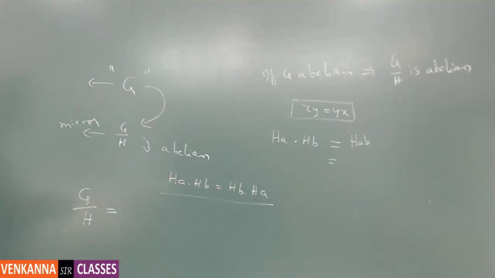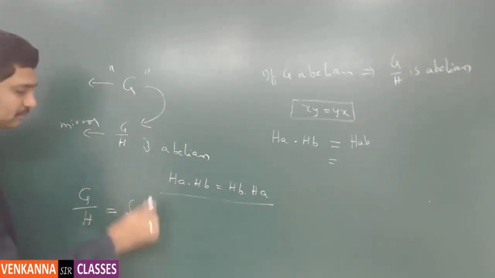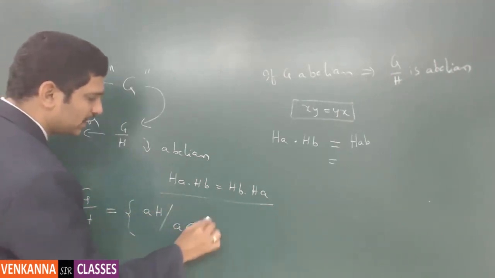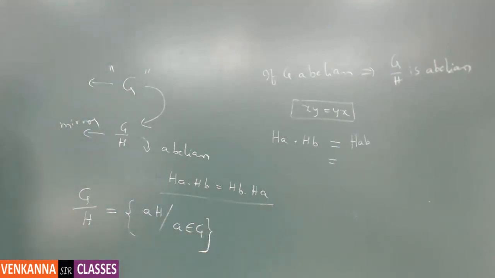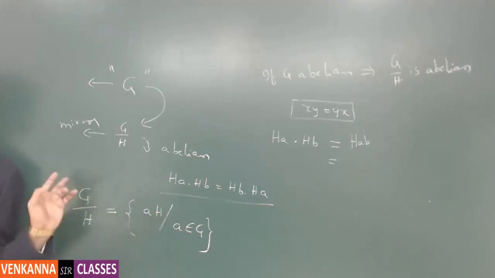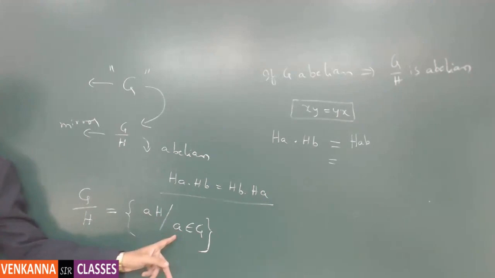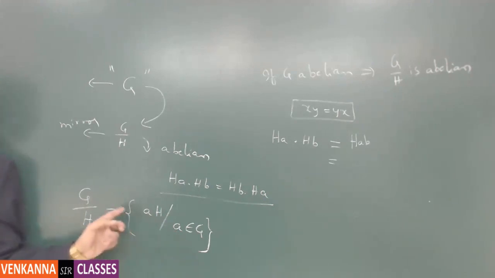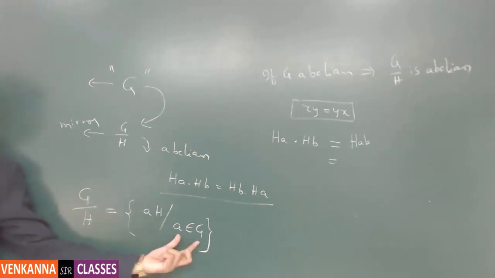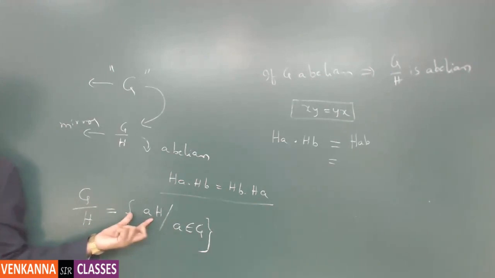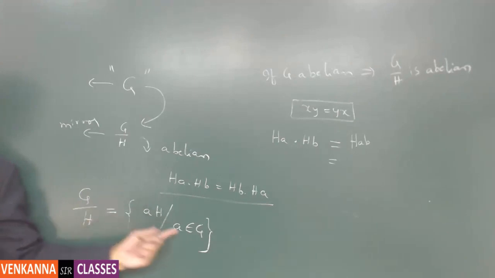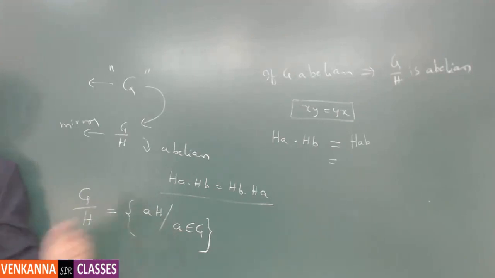The quotient group is the set of all cosets where the element belongs to G. If I take 1 as an element in G, 1 into H is a coset in G by H. If I take 0 as an element in G, 0 into H is a coset of G by H. Like that, for every element in G we get a corresponding coset in G by H.